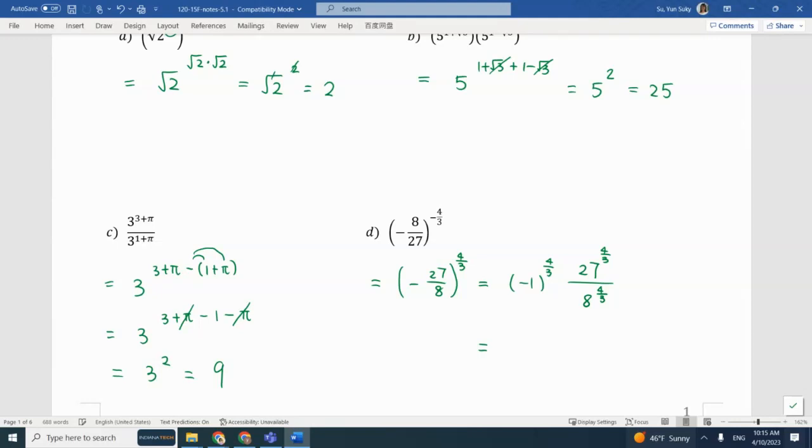Do you know the cube root of 27? It's an integer. What is 1 cubed? 1. 2 cubed is 8. 3 cubed is 27. So the cube root of 27 is 3.